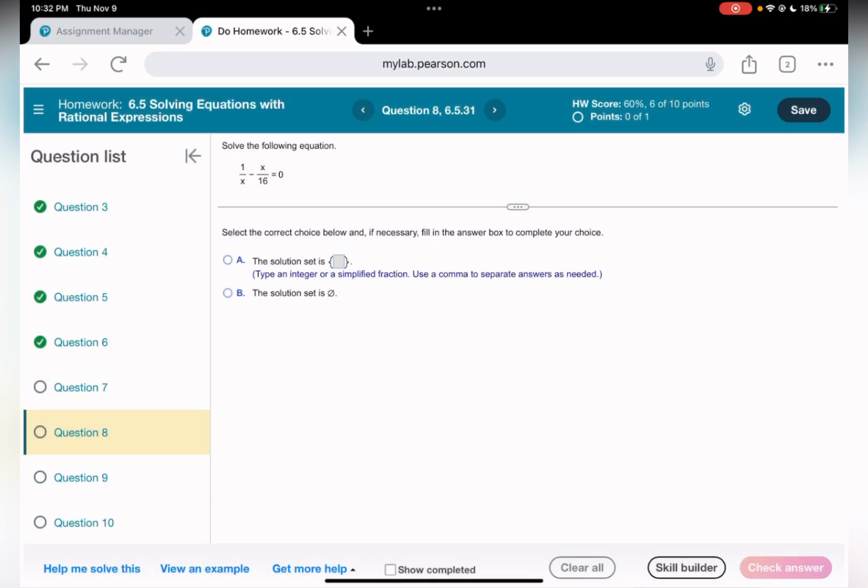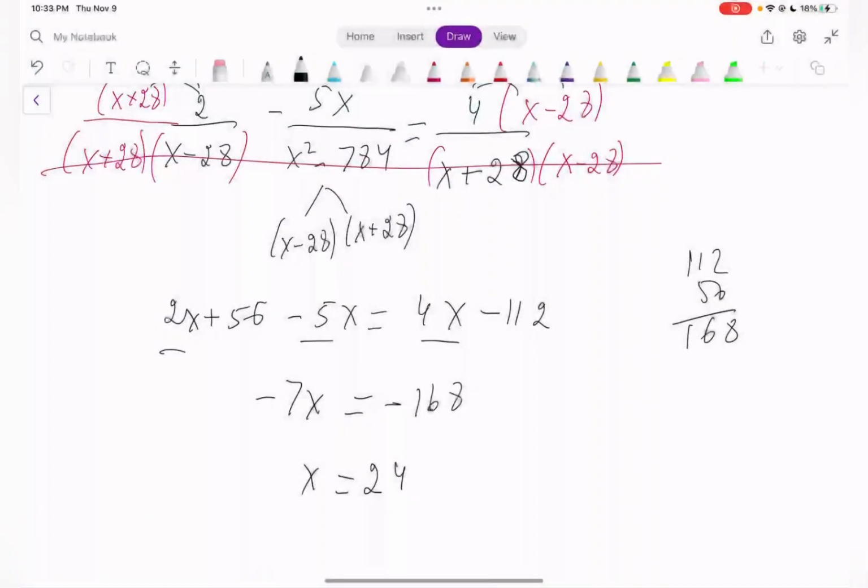Number 8. We also solve it something like this. Let me solve this one real quick. 1 over x minus x over 16.